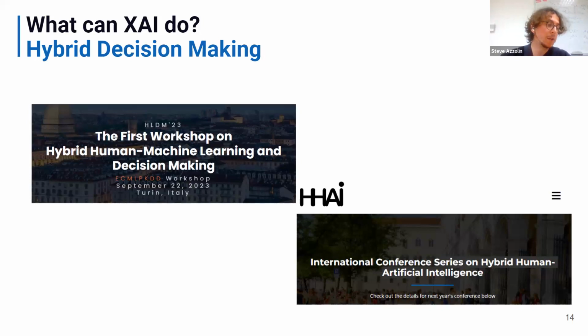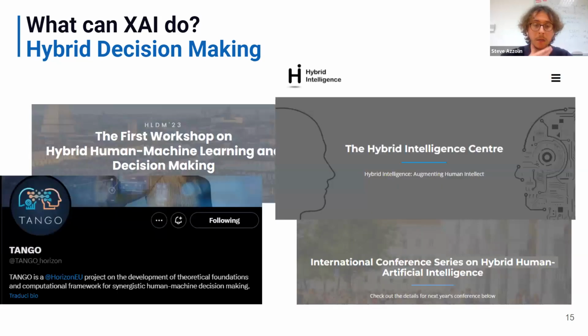So, let's say, inserting the human into the deep learning loop in order to give some trustworthiness in the overall process. Talking about people working on it, quite recent is the creation of the Hybrid Intelligence Center in the Netherlands and the Tango project funded by the European Union, which includes a great variety of different partners across Europe.